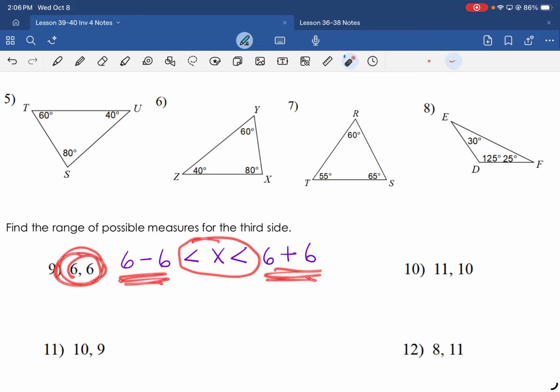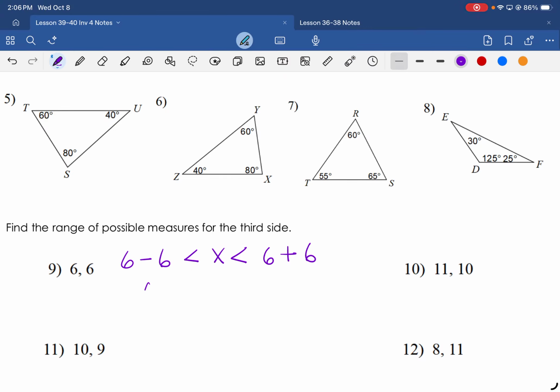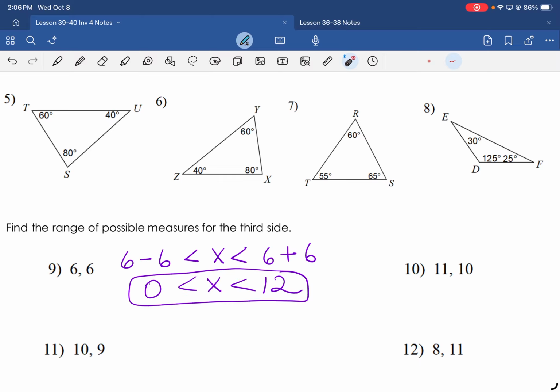So now we're going to solve it. 6 minus 6 is 0. Rewrite the less than x less than. What's 6 plus 6? 12. This is the range. The third side can be anywhere in between 0 and 12. It can be 1 all the way to 11. It can't be 0, and it can't be 12.